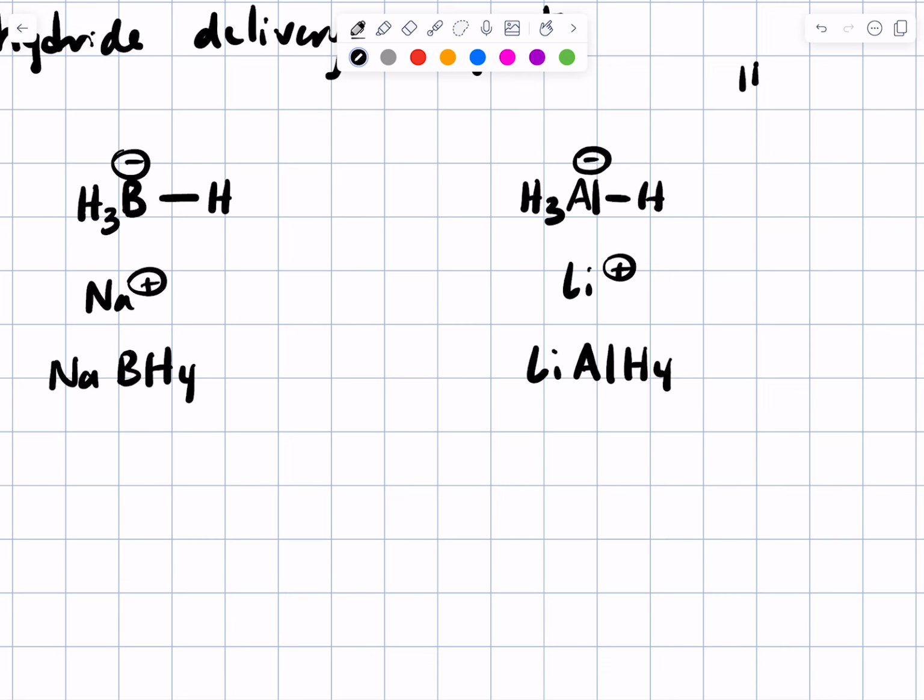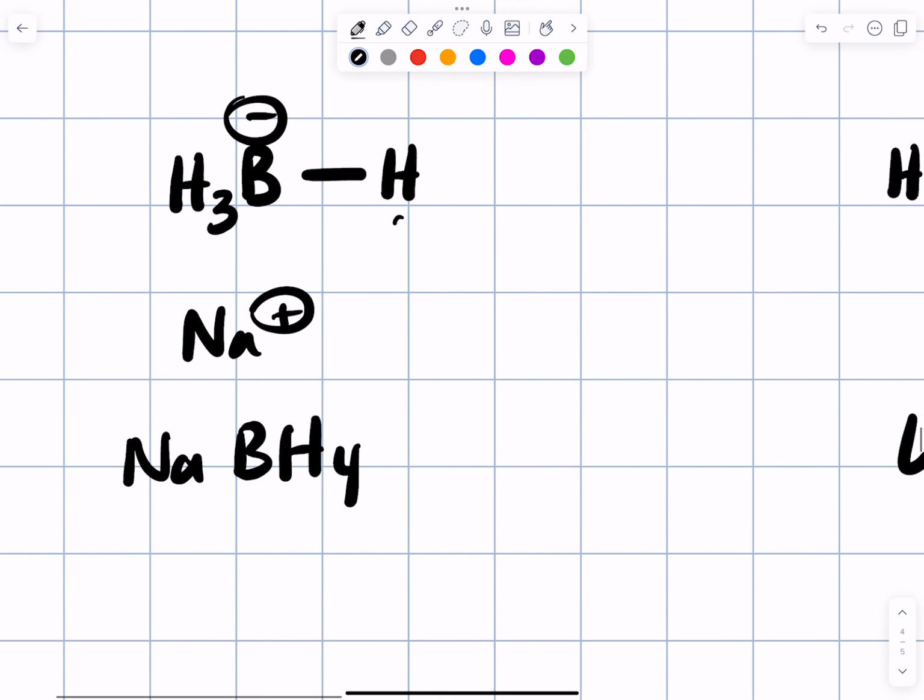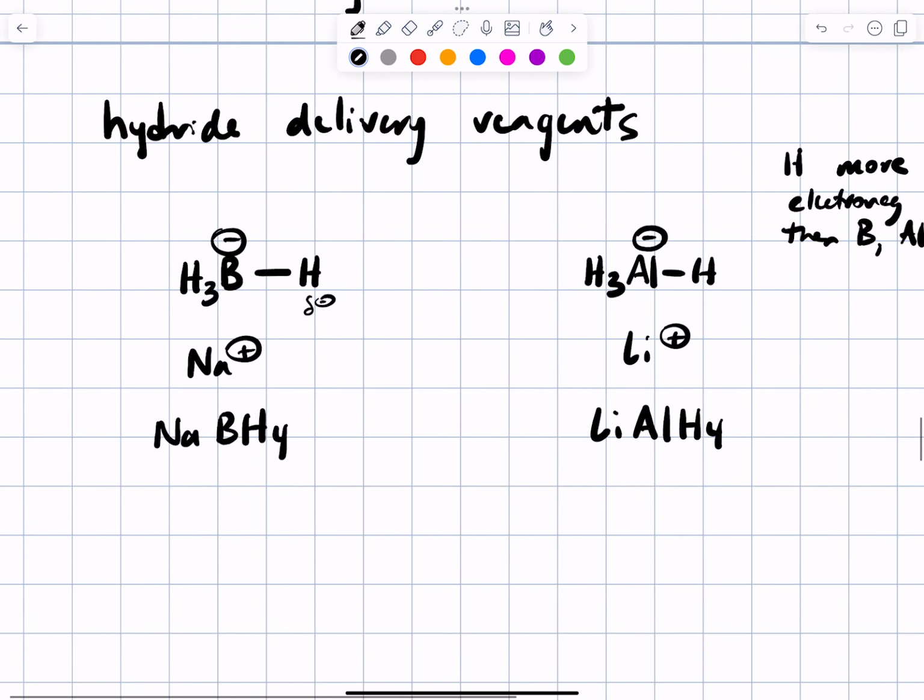So because hydrogen is more electronegative than boron or aluminum, there's actually a huge amount of delta minus on the hydrogen. And because both boron and aluminum are comfortable being neutral and having an empty p orbital, it's actually really easy for these reagents to deliver a hydride to some source and simply hand off the H minus. H minus leaves from boron and gets handed directly to whatever it's attacking.